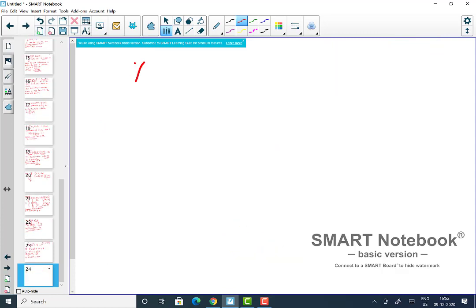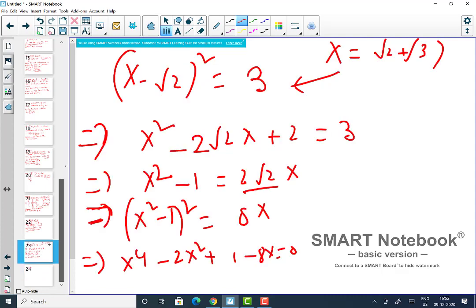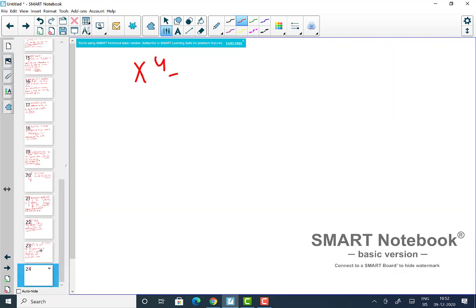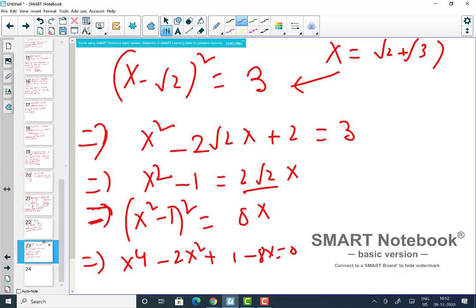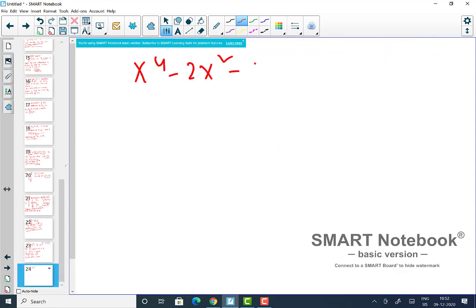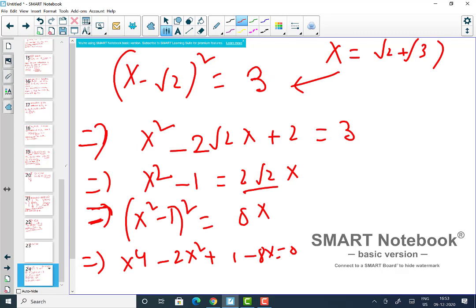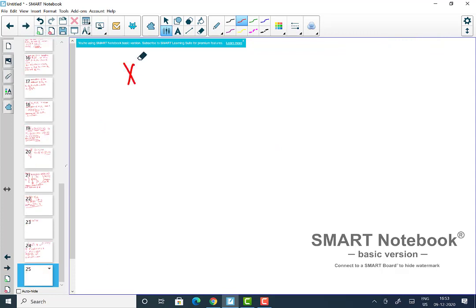That means x to the power 4 minus 10x square plus 1 equal to 0, right? Let me check it.